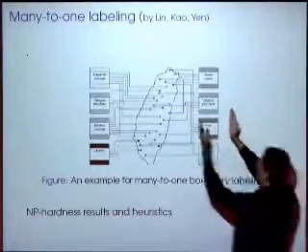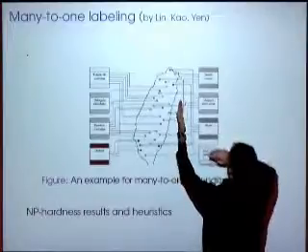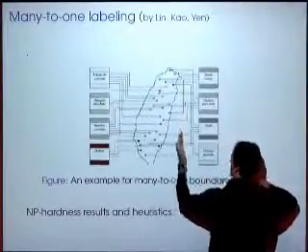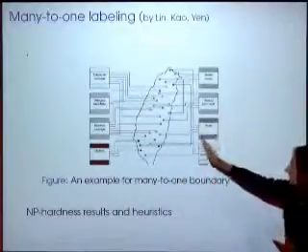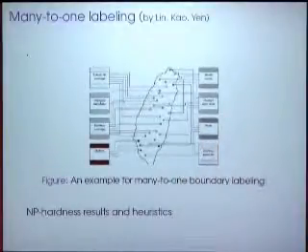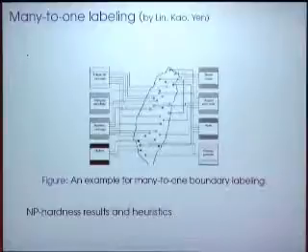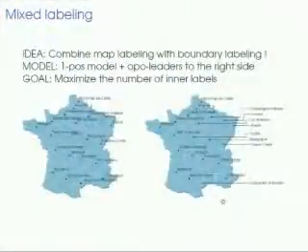You have 2 layers, this is fixed, and you want to rearrange these labels such that the number of crossings is minimal. And that's, of course, NP-hard. And they propose heuristics for it.